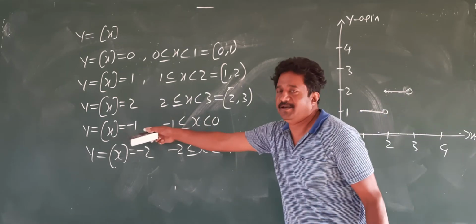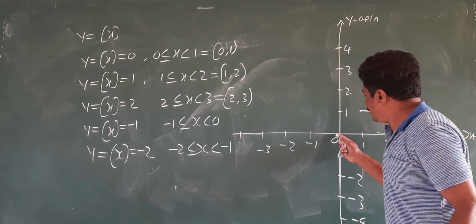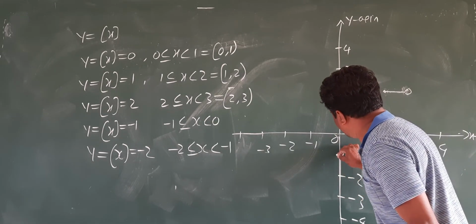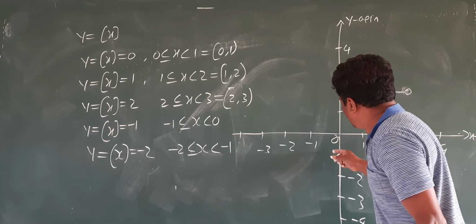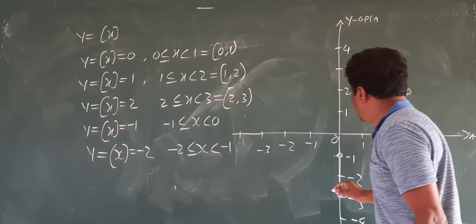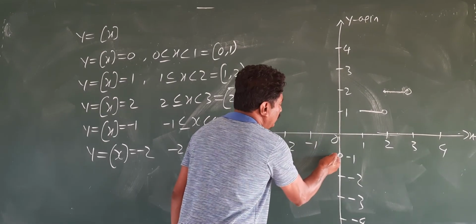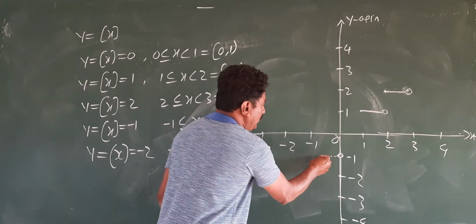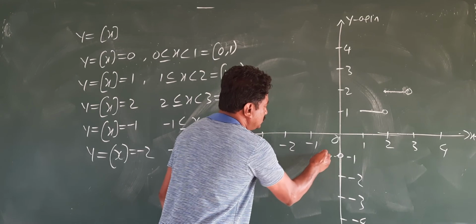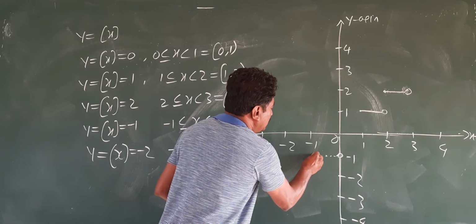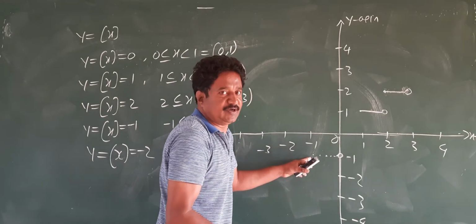If x is -0.1, y is -1. There is a curve here. If x is -0.2, y is -1. We have the curve. At -0.5, we have the curve. At -0.9, we have the curve. If x is -1, y is -1, there is a curve.